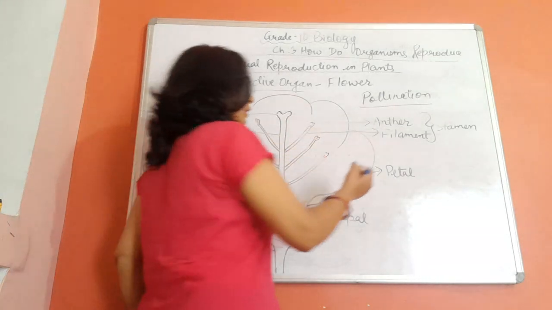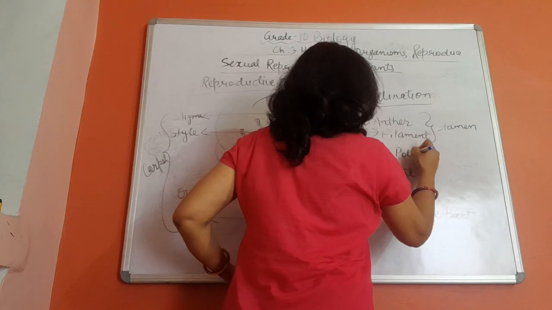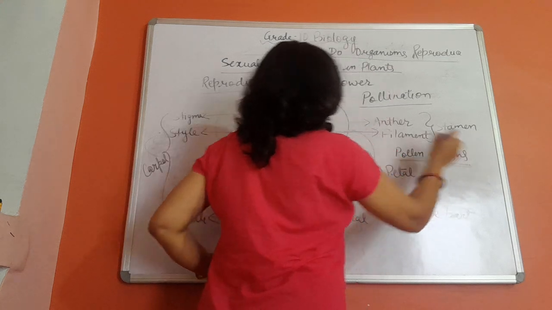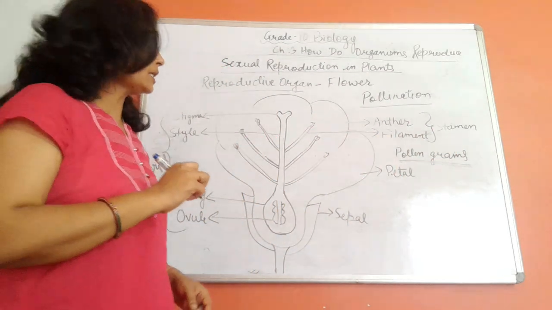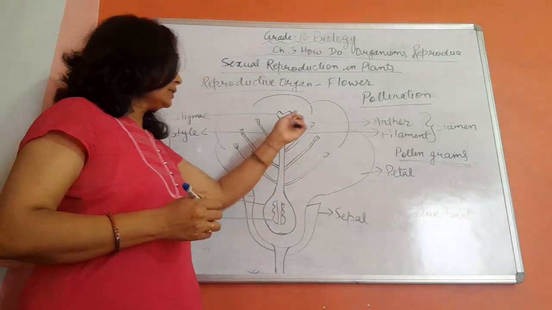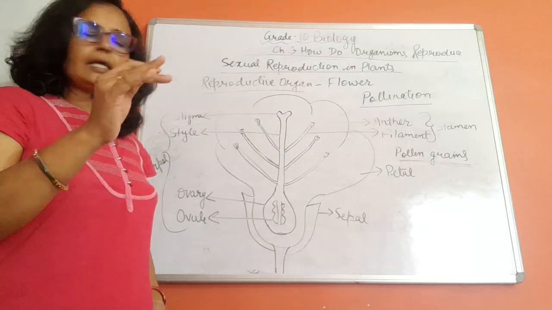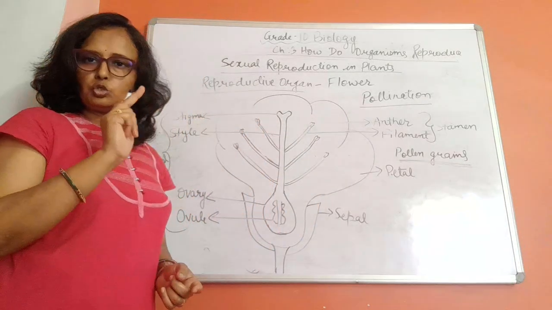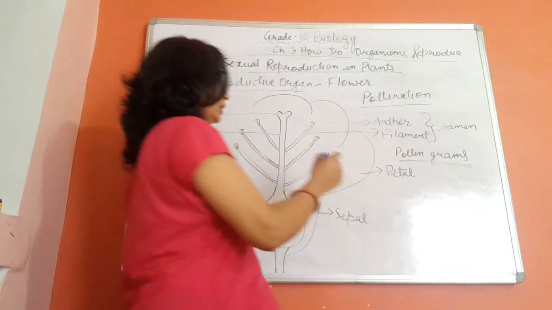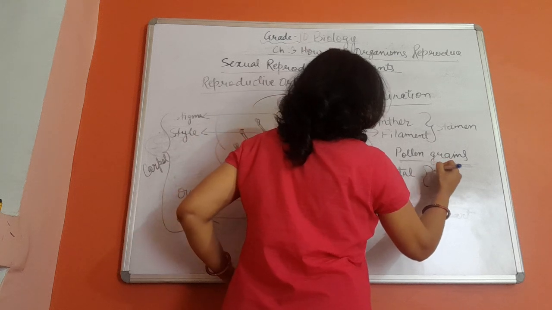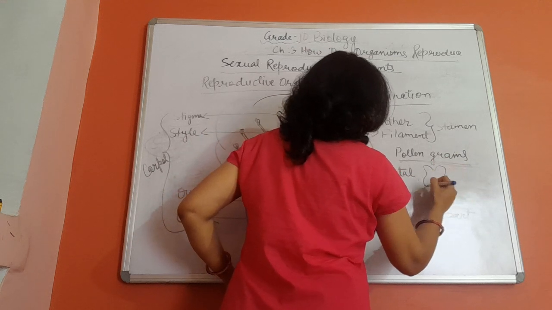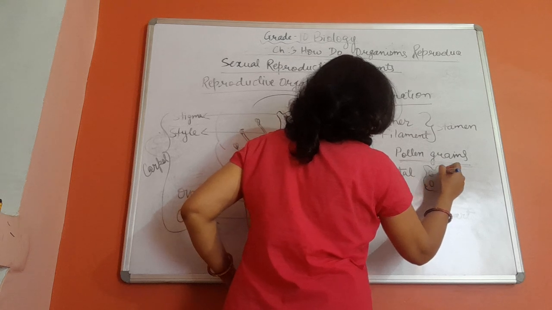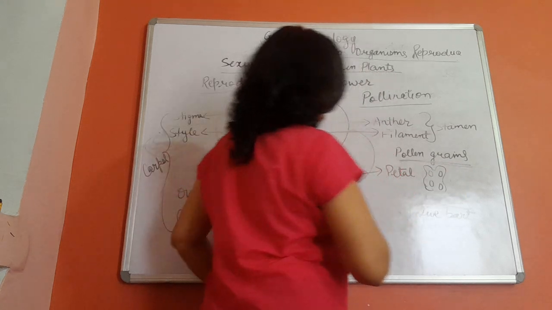Now what is this pollen grain? Pollen grains are found inside a granular kind of structure that is found inside the anther. Anther, this is anther. If we cut anther, then as you can see, the anther is having two lobes. When we cut anther, then each lobe of anther is having this kind of parts.